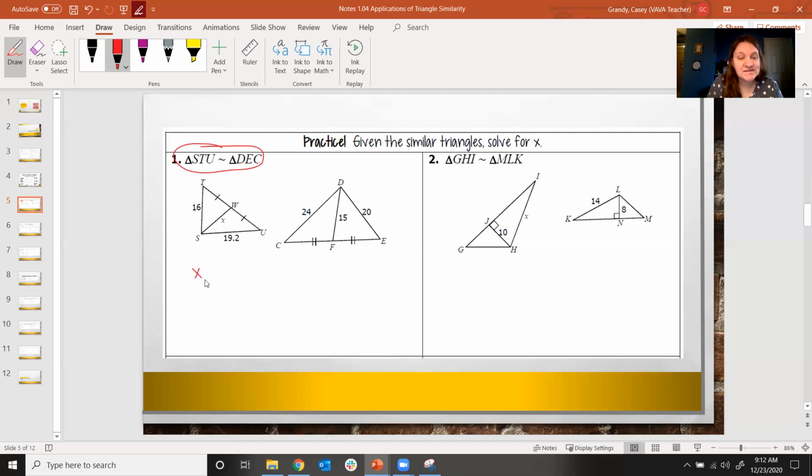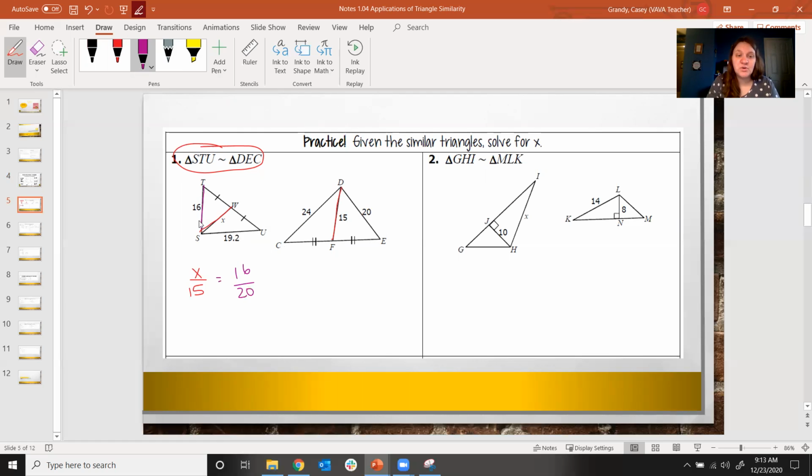So I can say X over 15, the median from the first triangle over the median from the second triangle. Then we can pick one of the sides that aren't touching the median. So here I could say 16. Well, what does 16 correspond to? This is where the names come in handy. TS corresponds to ED, so I would pick the ED side, 20.